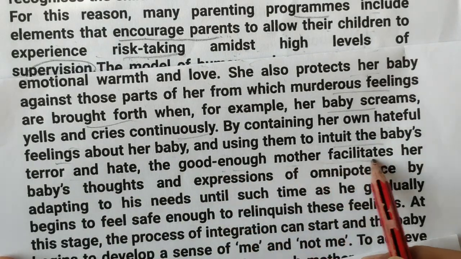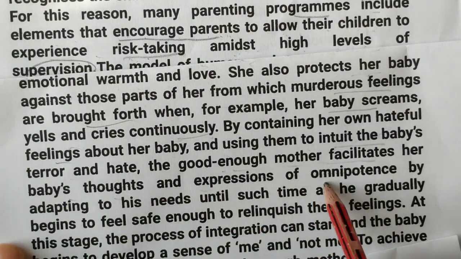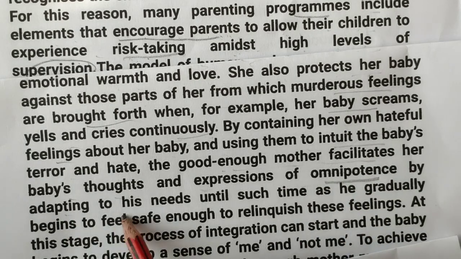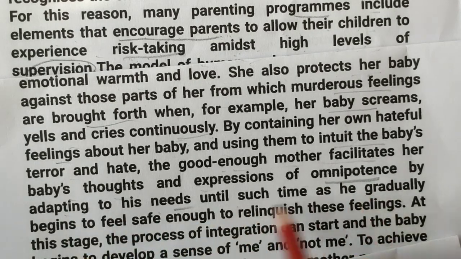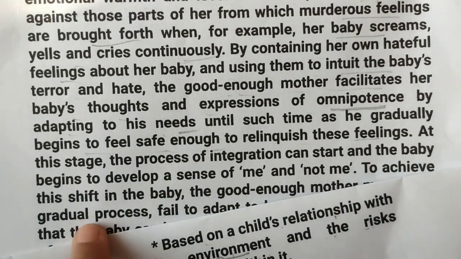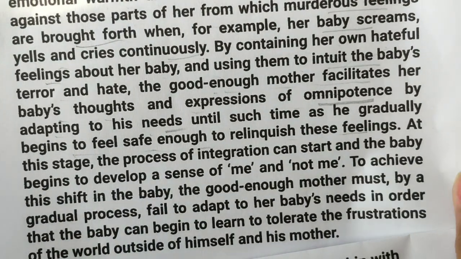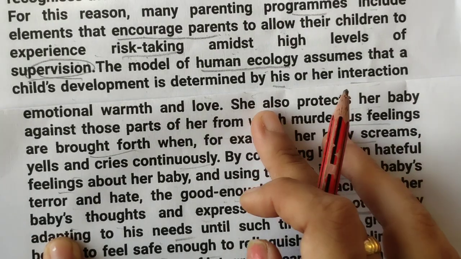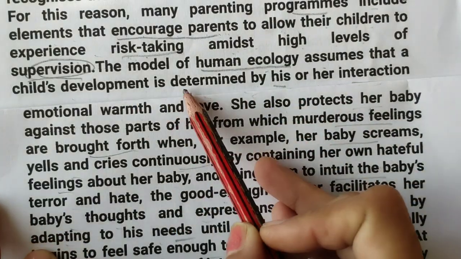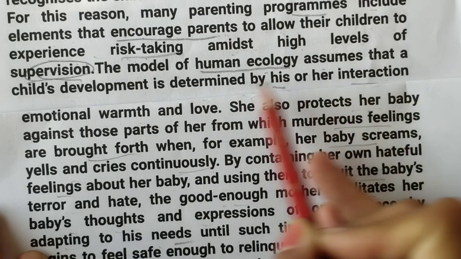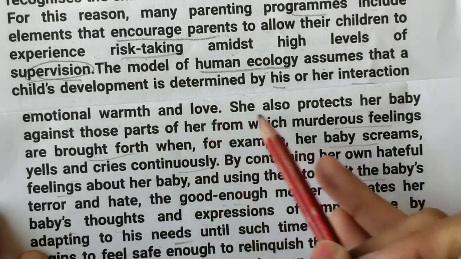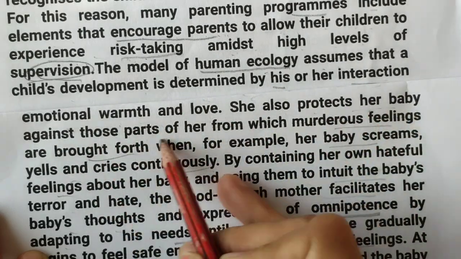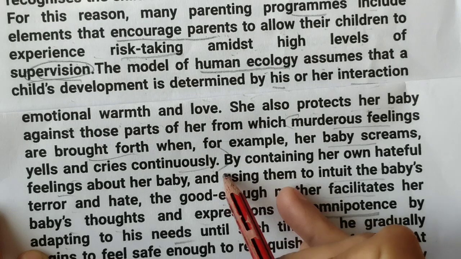The good enough mother facilitates her baby's thought and expressions of omnipotence by adapting to his needs until such time. Where they are talking about environment, I think from here, a child's development is determined by his or her interaction, emotional warmth and love. She protects her baby against, I think these are some negative kind of environment.